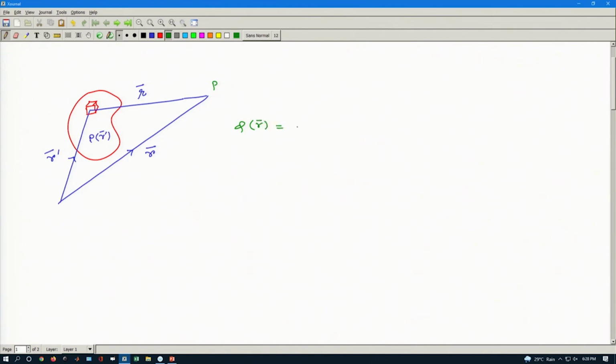If I simply write the first few terms, it should be 1 by 4 pi epsilon 0, and then the first term 1 by R times the integration of rho R prime dv prime.